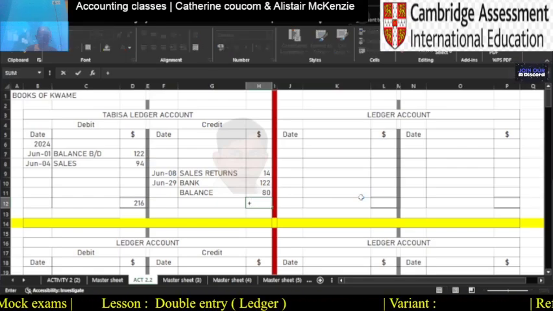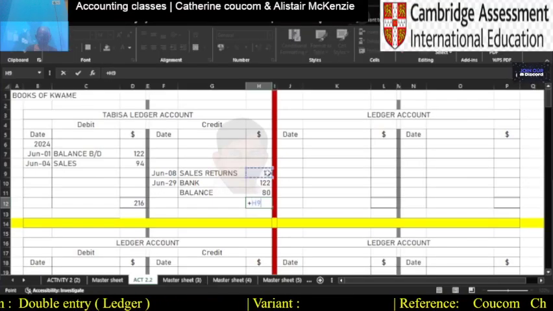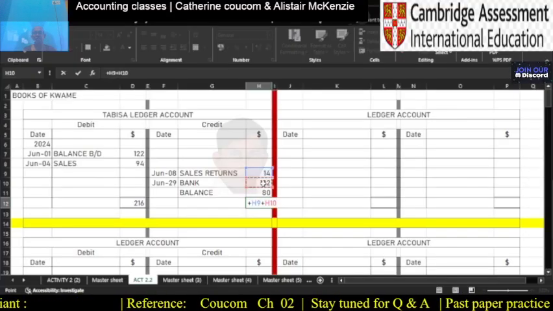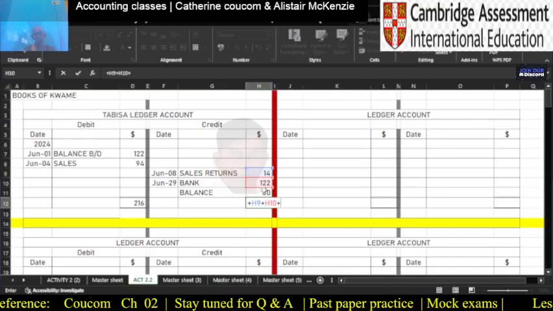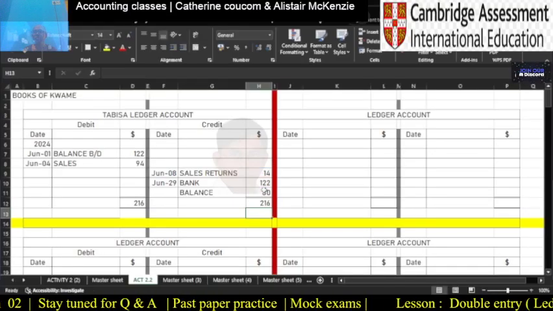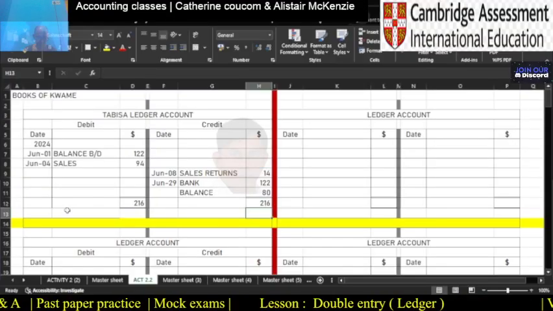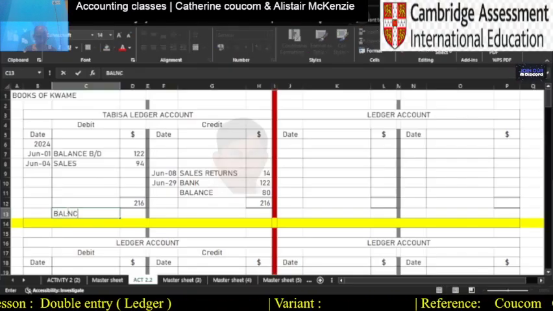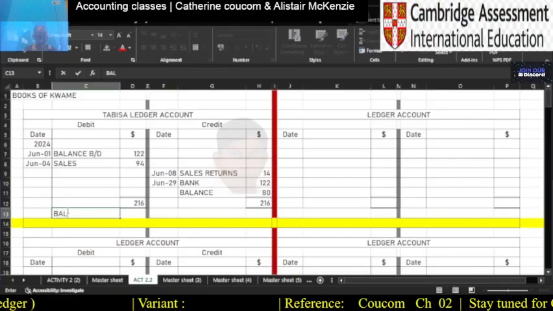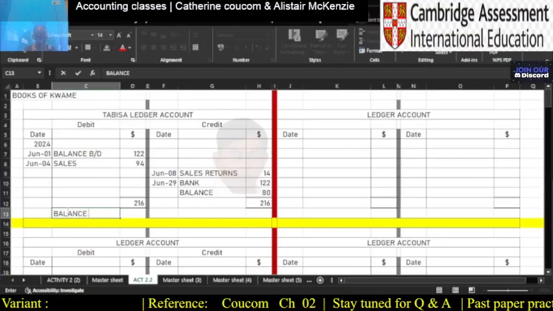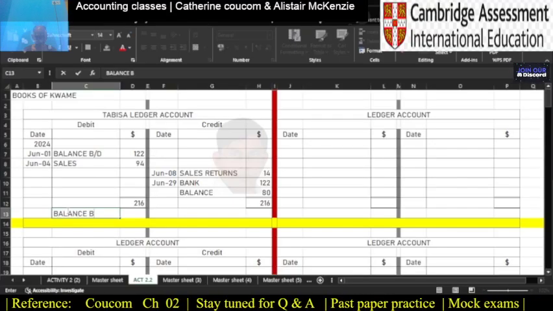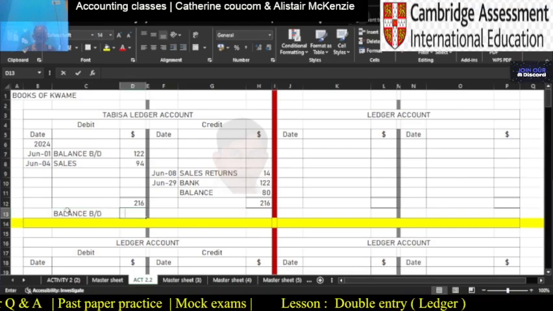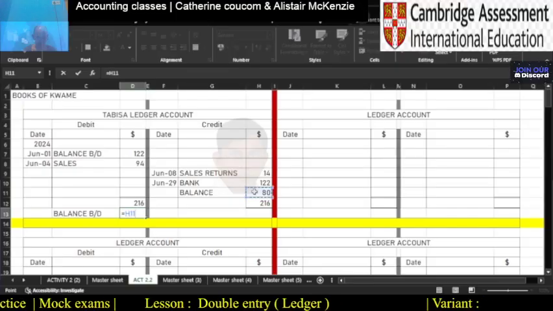So now we add all this plus this plus this, 216. So it will match. So here on this side, balance carried down. Balance brought down, the same amount, whichever is here.